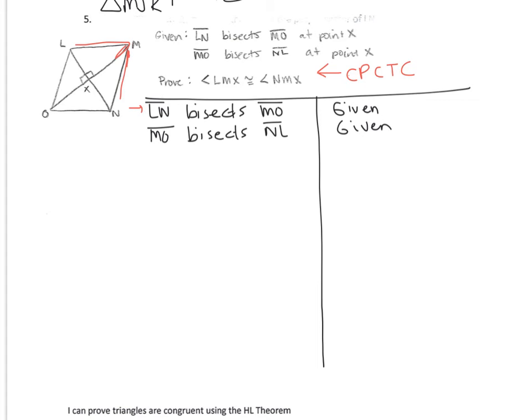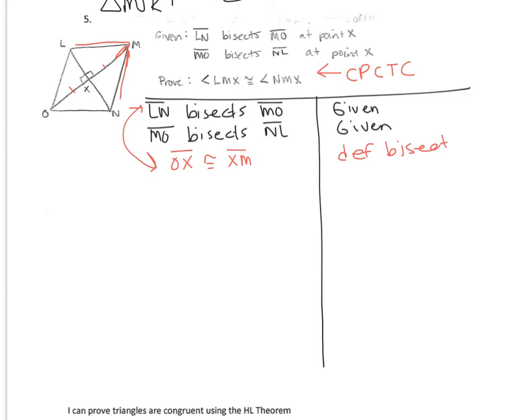LN bisects ML. So that means that MO is cut in half such that OX is congruent to XM by definition of bisect. So I'm going to write that in. Those two parts are congruent.